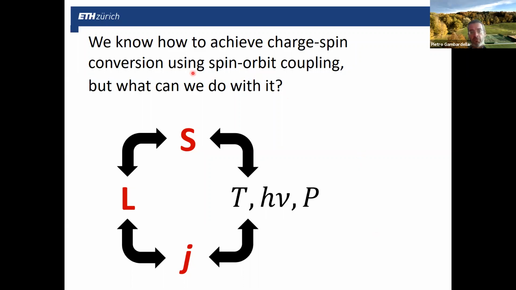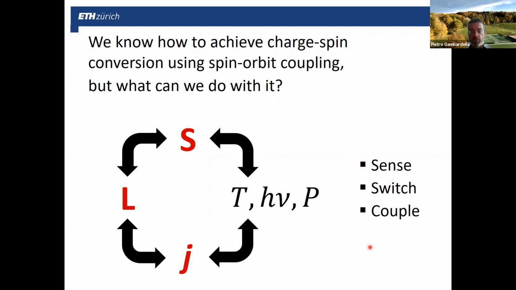So here now we know how to achieve charge spin conversion. And the question is what we can do with it, right? If we go from a current to the spin system. And the focus of this talk will be on sensing and switching the magnetization of magnetic systems.